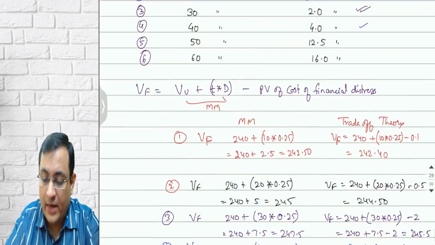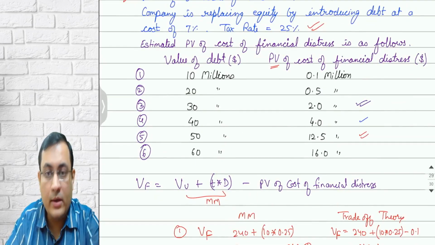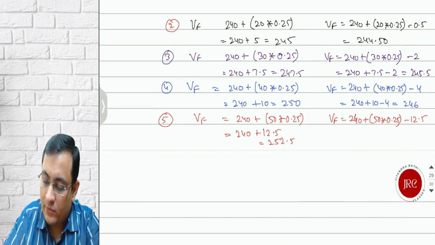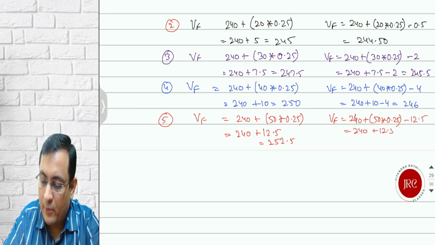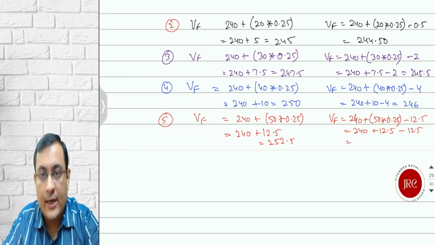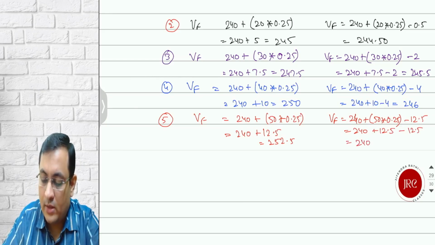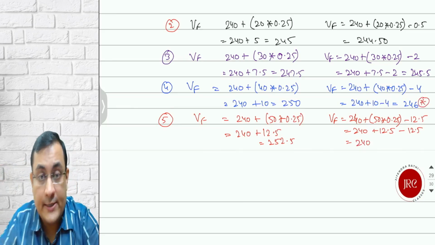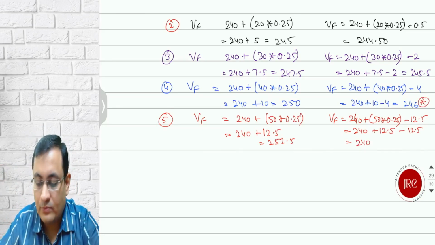But now more financial distress is going to increase the cost to 12.5. So 240 plus 12.5 minus 12.5 is equal to 240. The overall valuation decreases from 246 to 240.